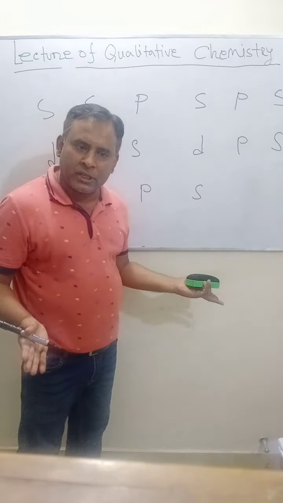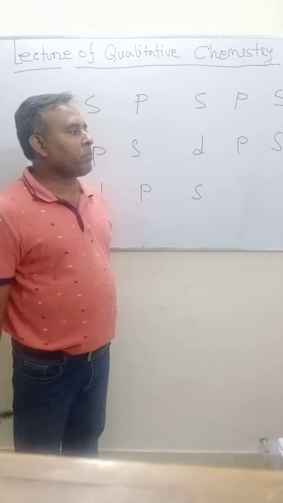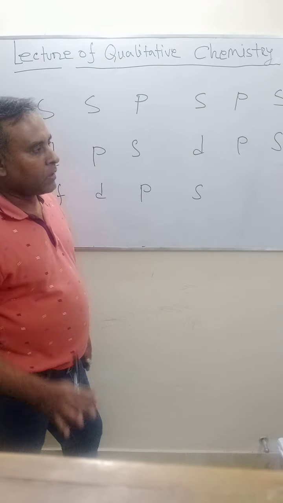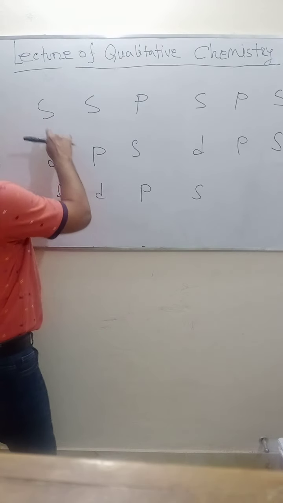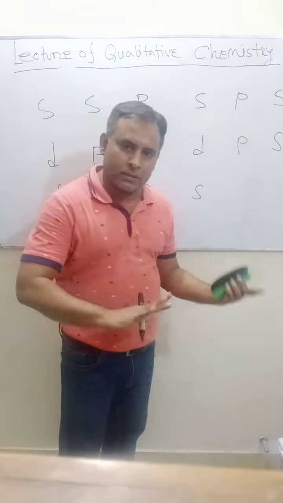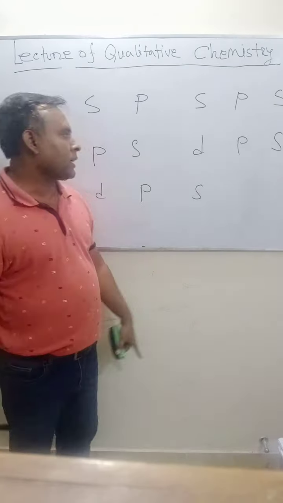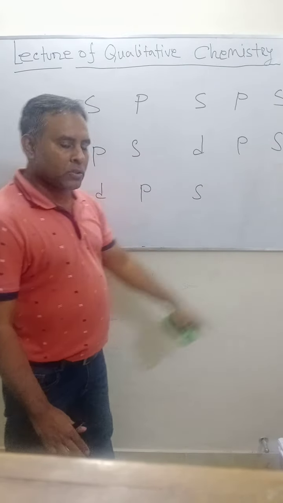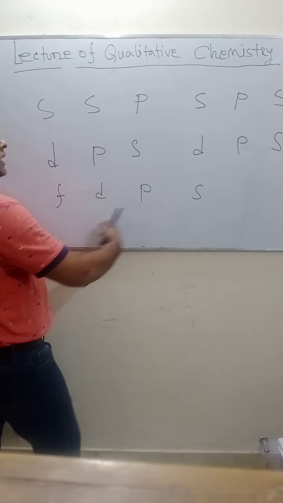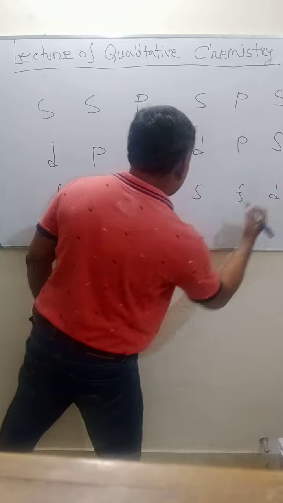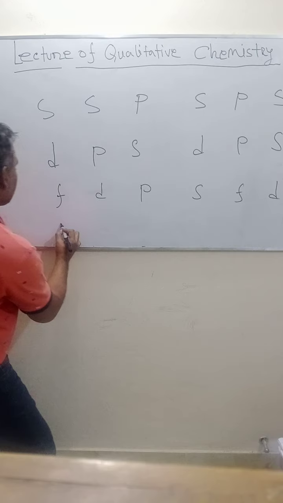This is one kind of trick to memorize the sequence of orbitals according to energy level. Okay, first SSP, SSP, SPS, SPS, DPS, DPS, FDPS, FDPS.